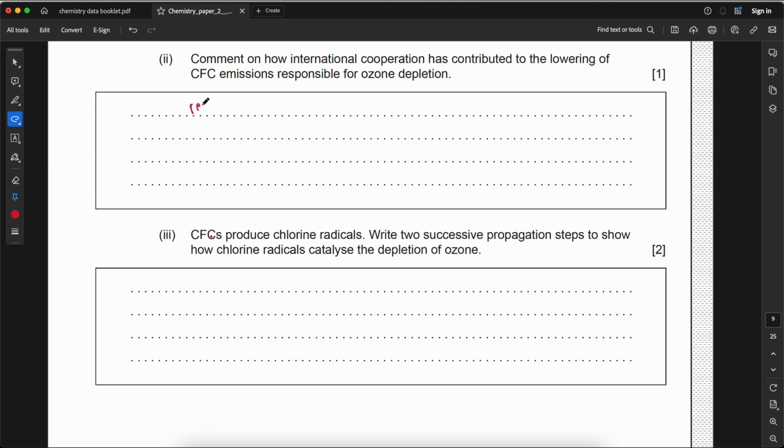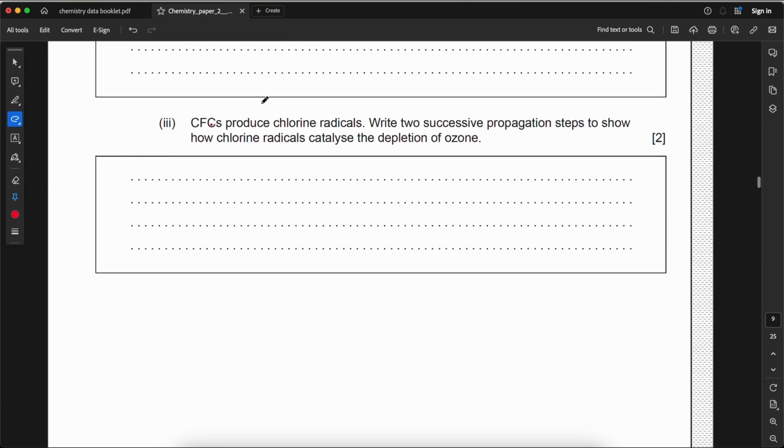So they do research collaboration for alternative technology to replace CFC, or they also share data, so they would be aware of what is actually caused by CFC emission. You can choose one of them.